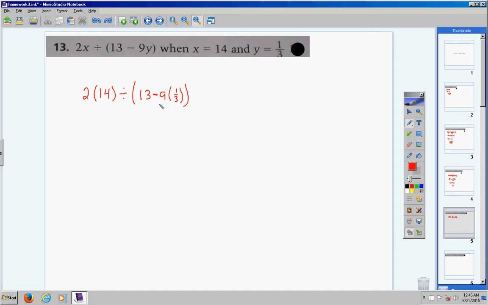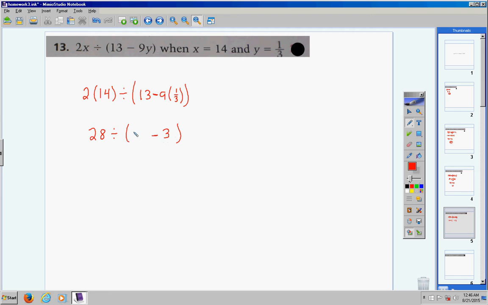So, I guess you can go ahead and multiply these two numbers together if you want to. 2 times 14 is 28, that's fine to do, but the main thing we want to do is work inside the parentheses here, okay? So I have 13 negative 9 times 1/3, so do your multiplication first. I have a negative times a positive, that's a negative, and 9 times 1/3 is 3.